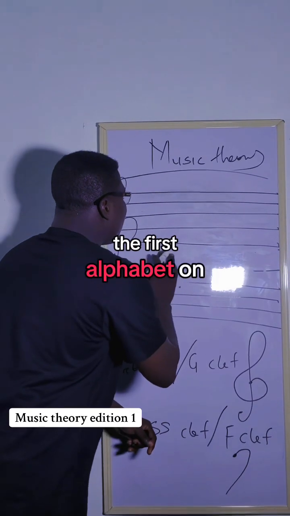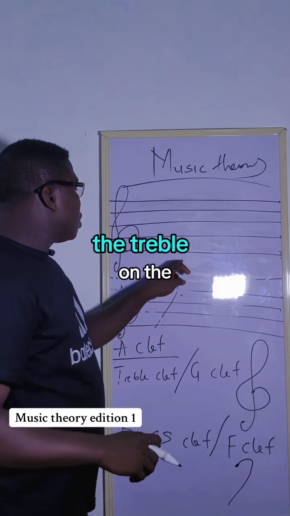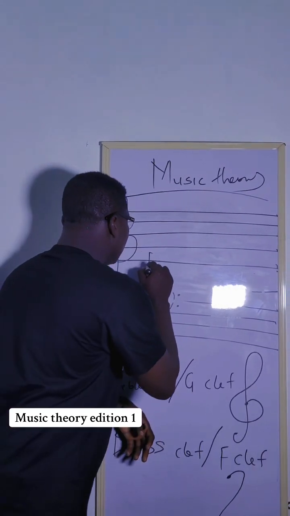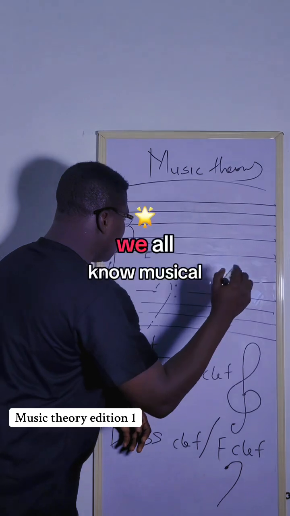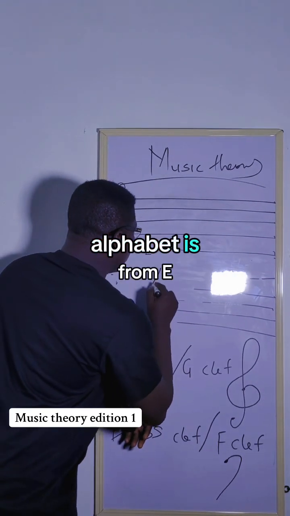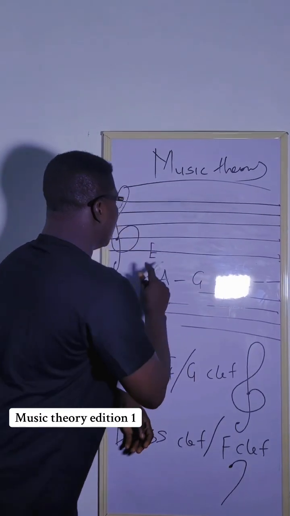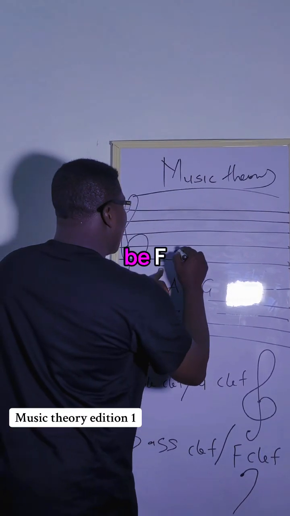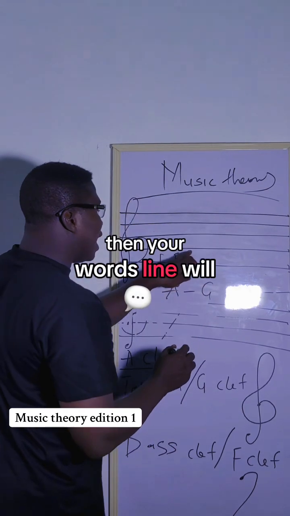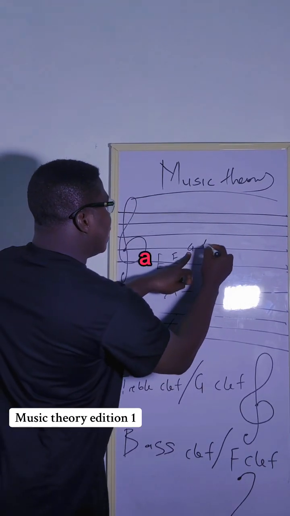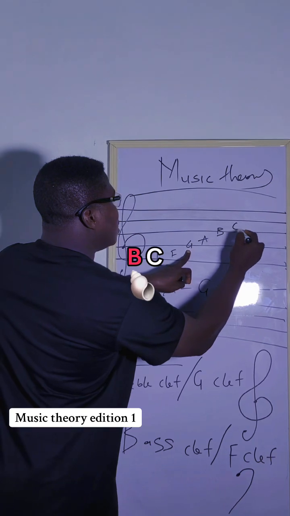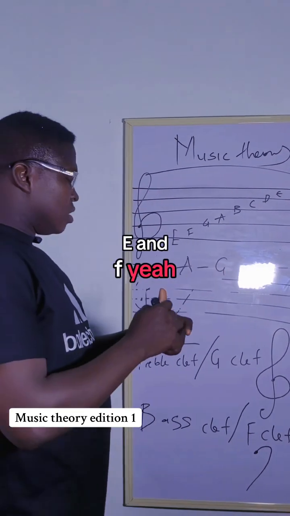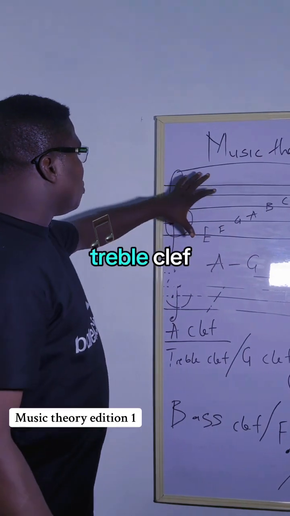The first alphabet on the treble staff is E. We all know the musical alphabet is from A to G. Now, when your line is E, your space will be F. Then your line will be G, A, B, C, D, E, and F. Take note of this.